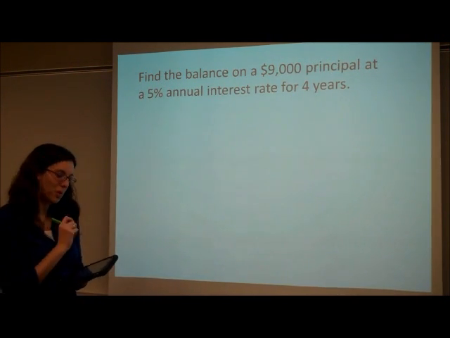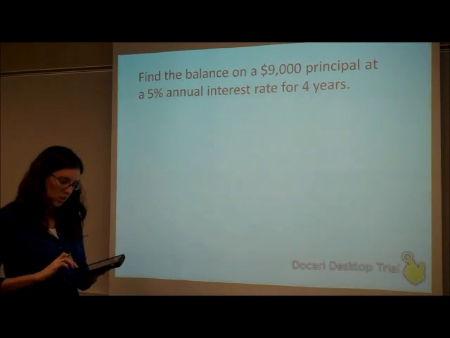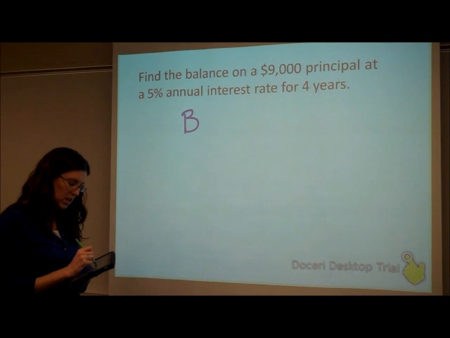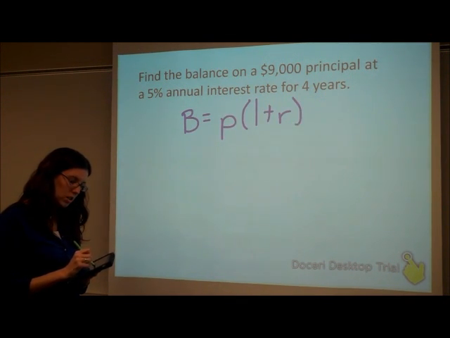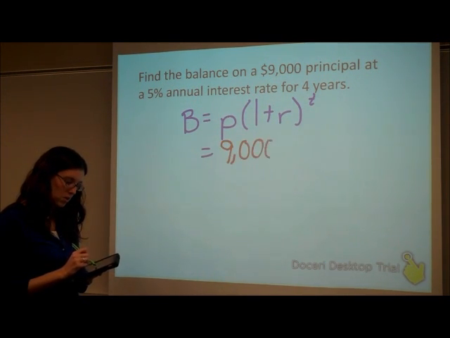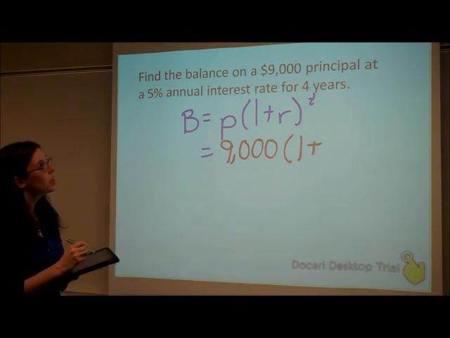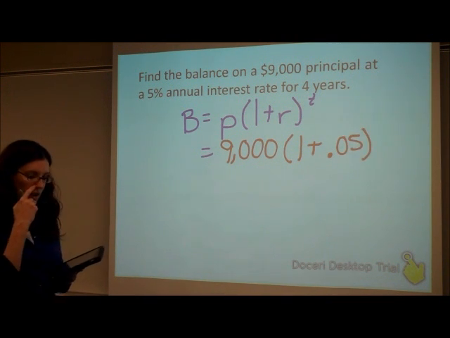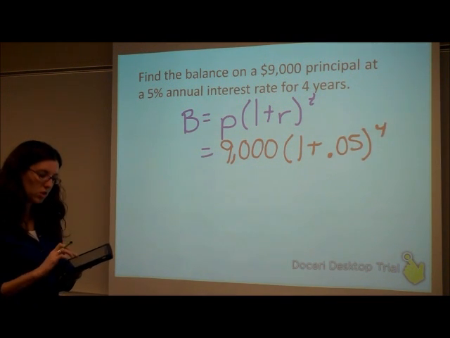I want you to try this one. So, writing down our formula first, B equals P times 1 plus R to the T. The principal is $9,000. My rate is 5%, so I'm going to put in 0.05. And then to the T power, so that will be 4.